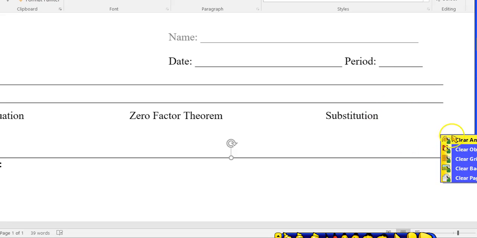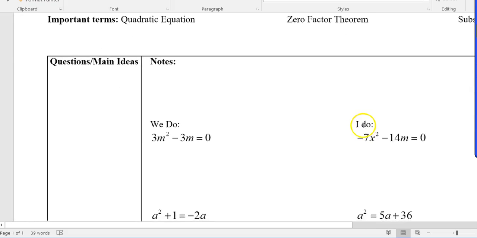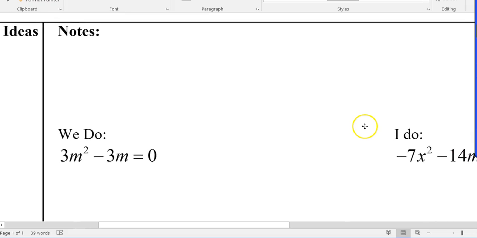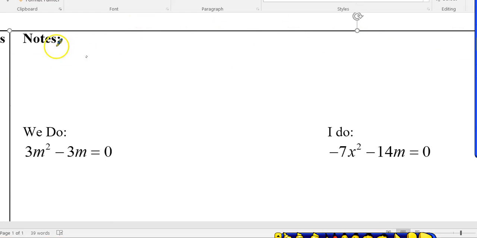All right, so let's look at the first question. That's probably too big. Let me break it down. There we go. Okay, so over here, off to the side, we're going to put down the steps for solving a quadratic by factoring.